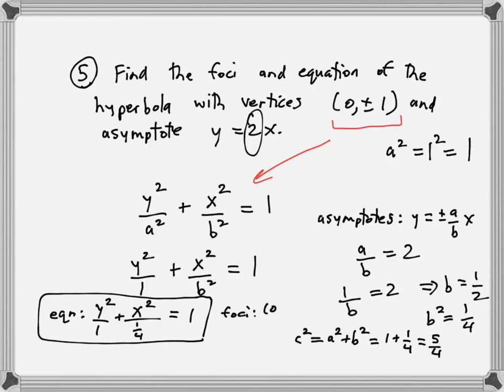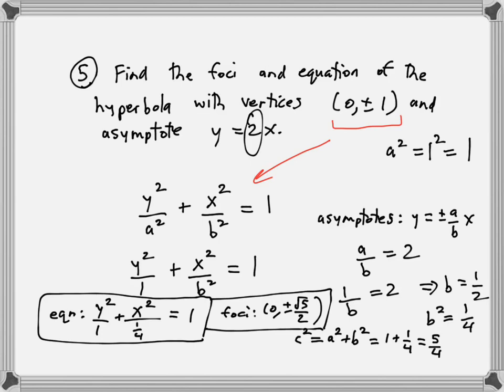It's going to be 0 and plus or minus c. C is the square root of 5/4, right? So it's going to be plus or minus root 5 over 2. Here we go. Okay, these problems are kind of fun. It's almost like a puzzle.